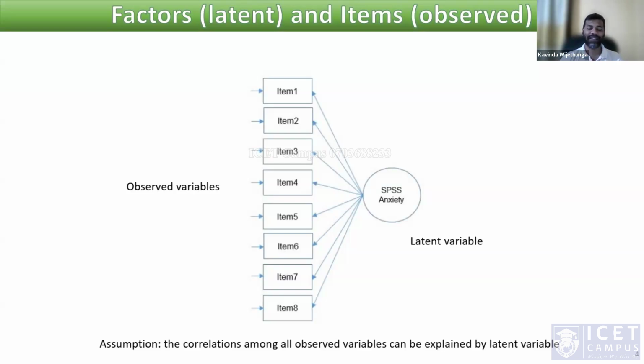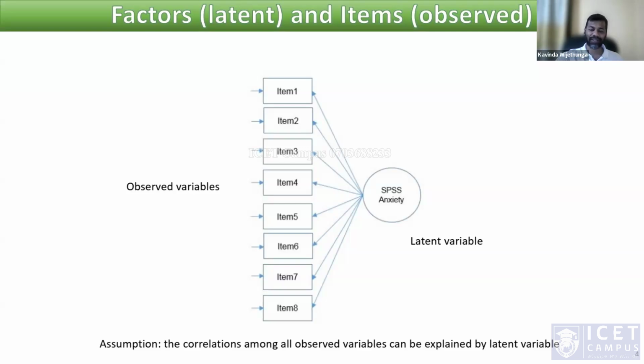So the thing we are trying to find is what we call latent variables. latent variable කියලා කියන්නේ අපිට කෙලින්ම හොයාගන්න බැහැ. So we have to use a number of questions or items in the questionnaire to calculate this latent variable.